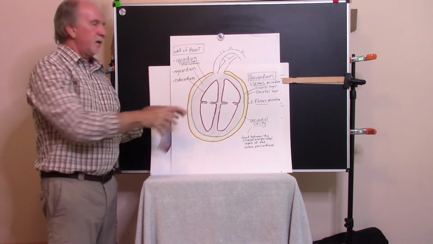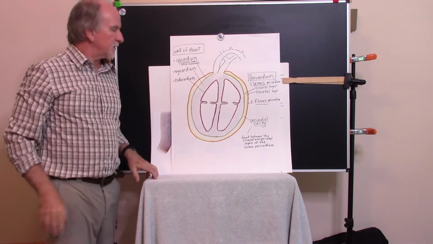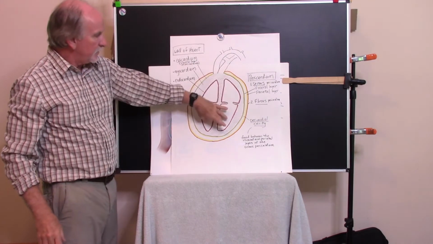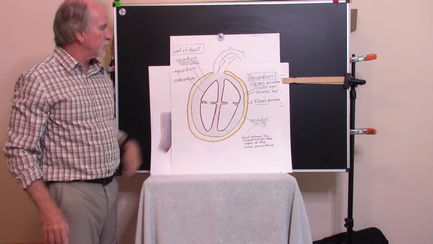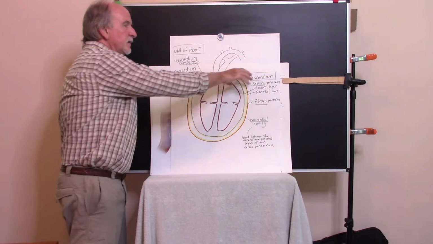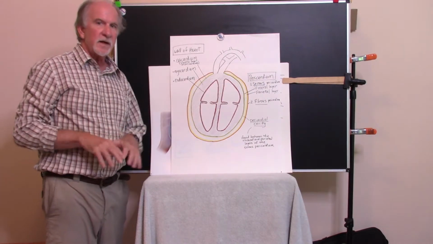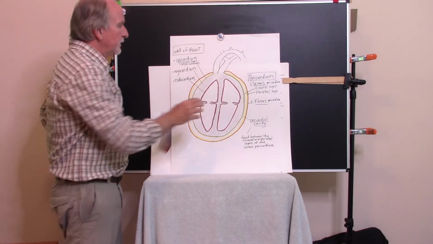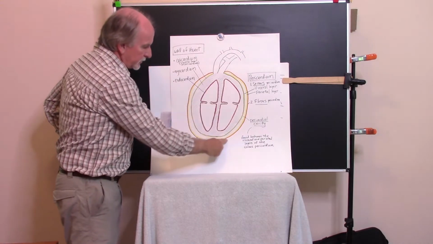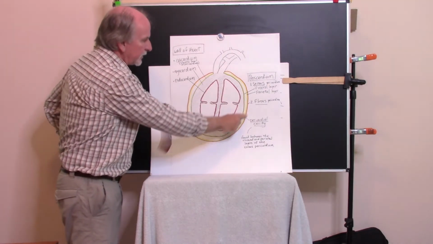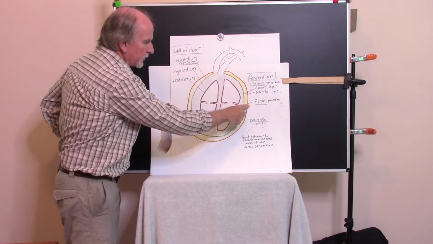So this would be roughly the heart, and these would be the heart chambers, the atria and the ventricles. And the pericardium is the double-walled sac around the heart. So the outermost portion of the pericardium is the fibrous pericardium.